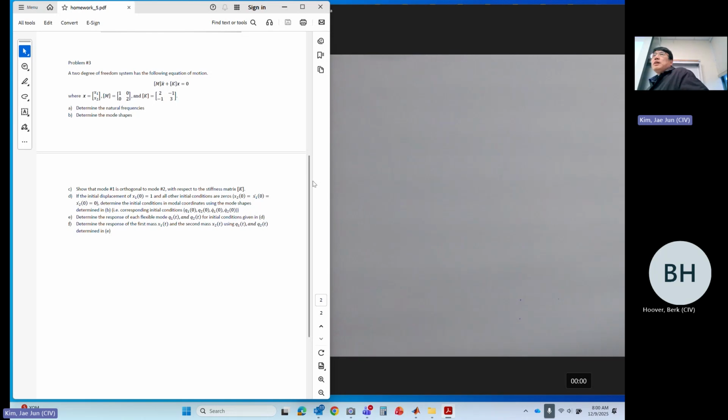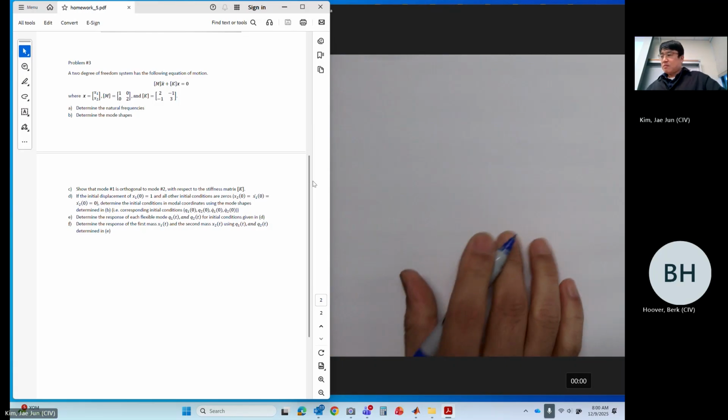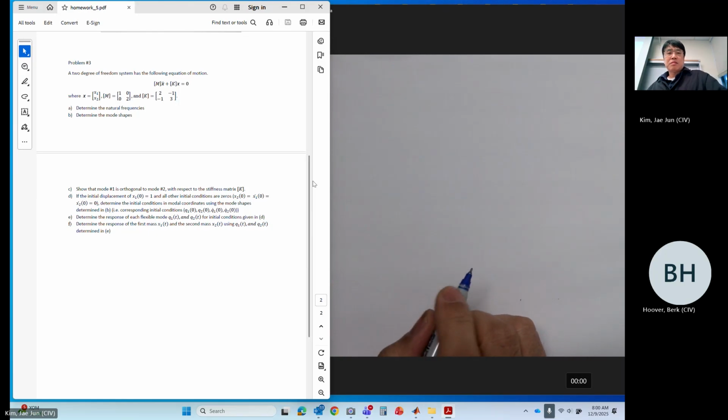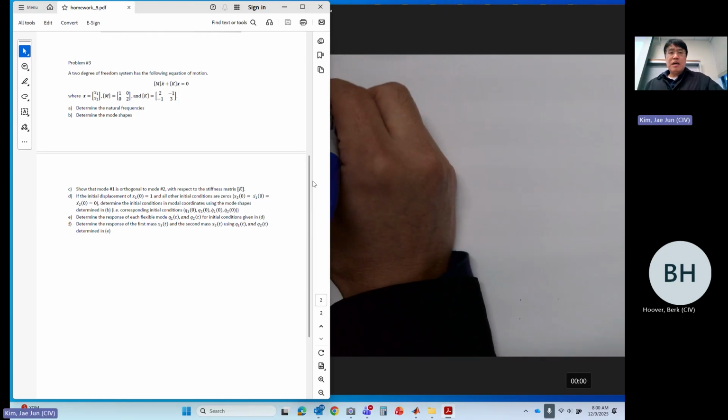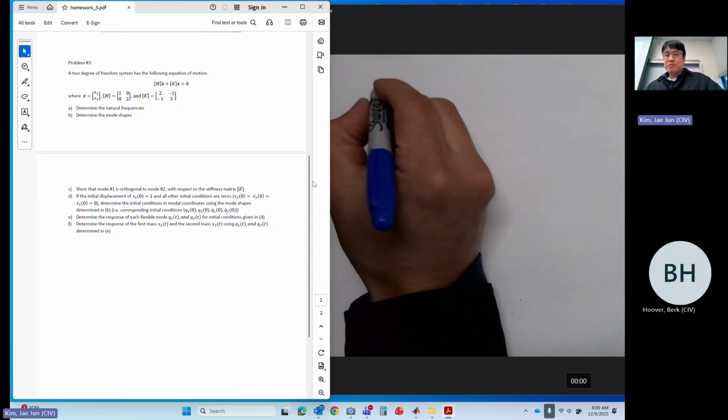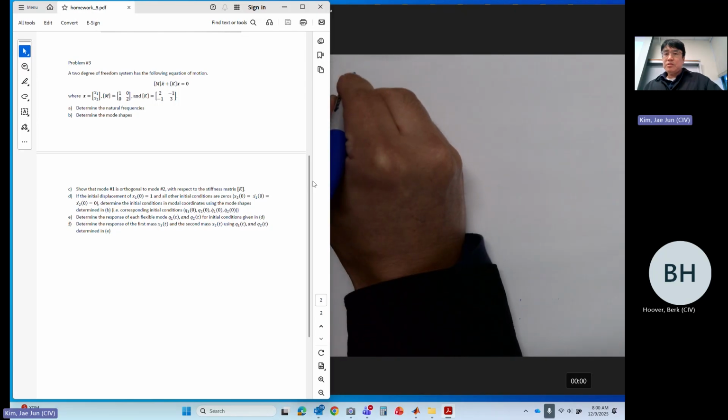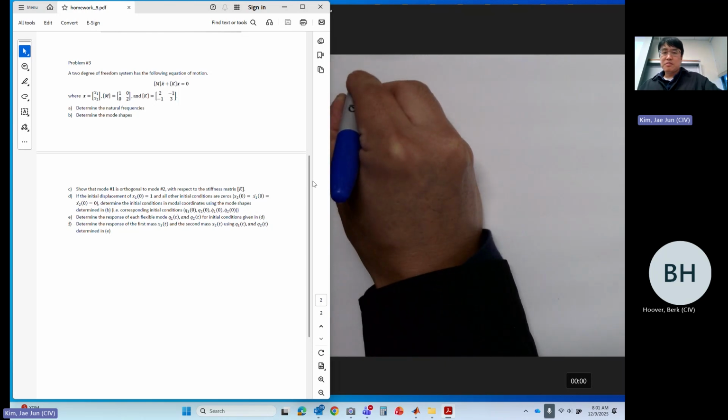Okay, so let's finish up the last problem and then we'll wrap up. So the last problem, you're given a mass matrix and stiffness matrix.